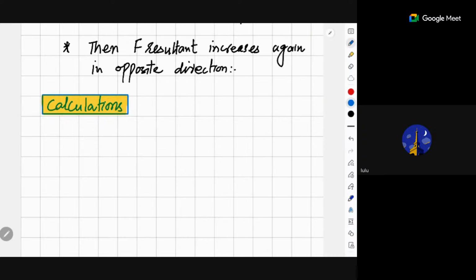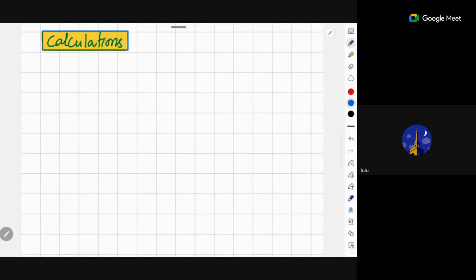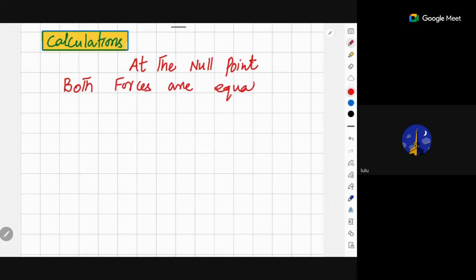The null point is basically that point where both the forces are equal and opposite to each other.